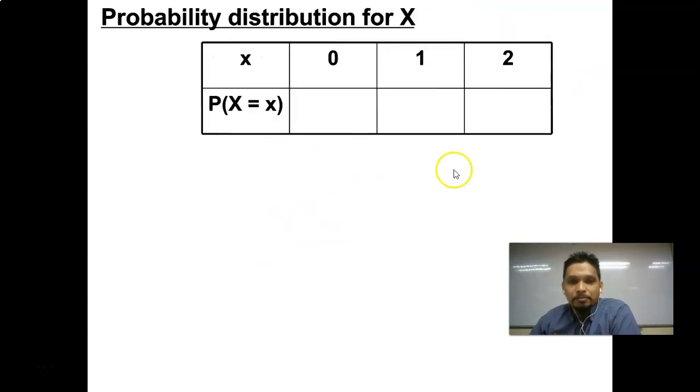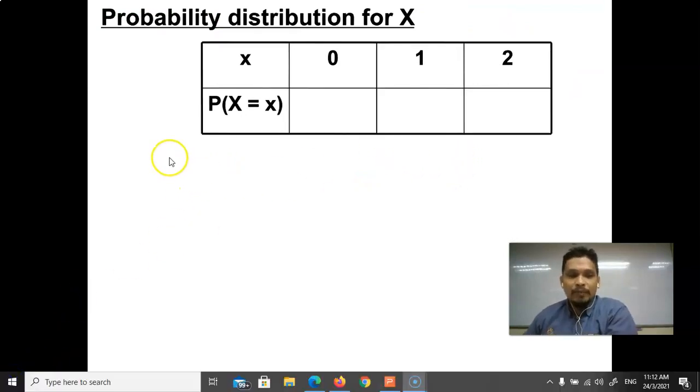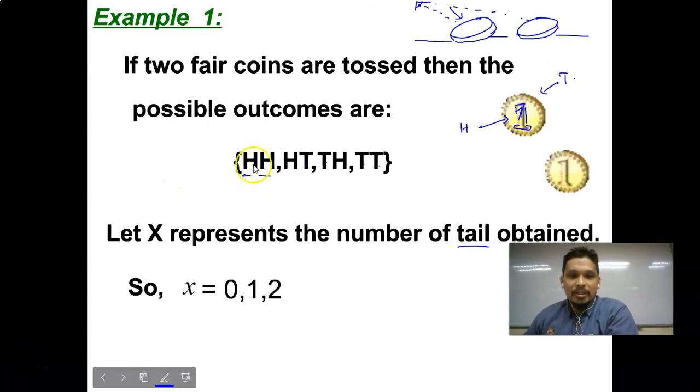If we go back to the previous page, there are 4 results: both H, or H with a tail, or tail with an H, meaning that we consider these 2 coins as 2 different coins.